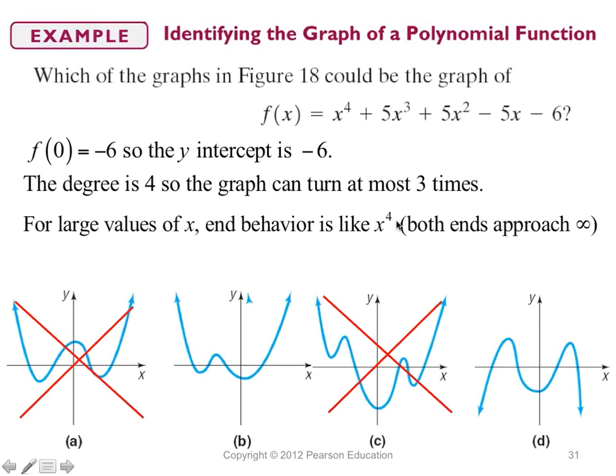And if you think of what the graph of x to the fourth actually looks like, it's going to open up, kind of like a parabola. So that means that both ends are going to approach infinity. Okay, so you're going to be opening upward over here. So that means that B looks pretty good, but D, where it's opening down, that one is not going to work. So it has to be B.